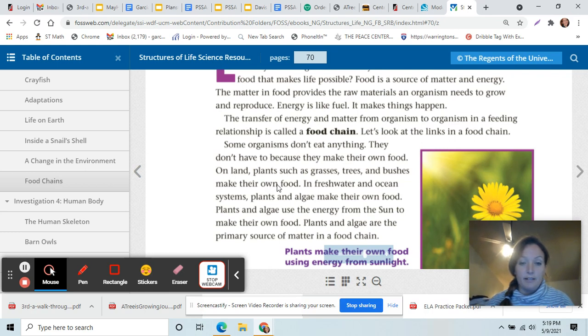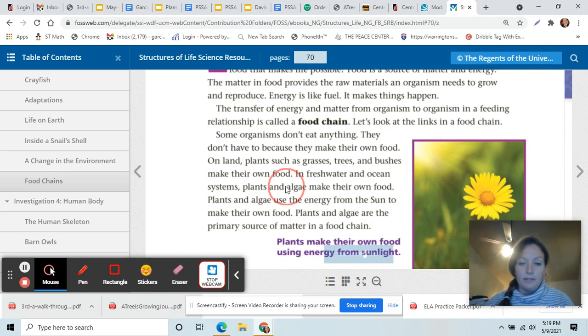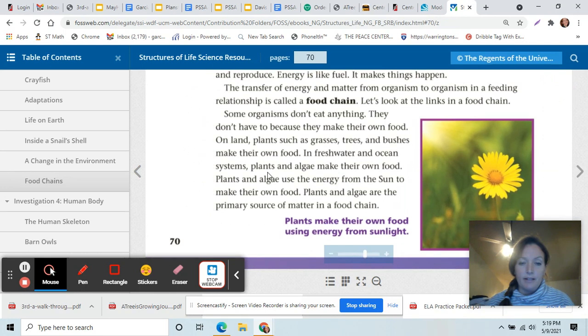On land, plants such as grasses, trees, and bushes make their own food. In freshwater and ocean systems, plants and algae make their own food. Plants and algae use the energy from the sun to make their own food. Plants and algae are the primary source of matter in a food chain.